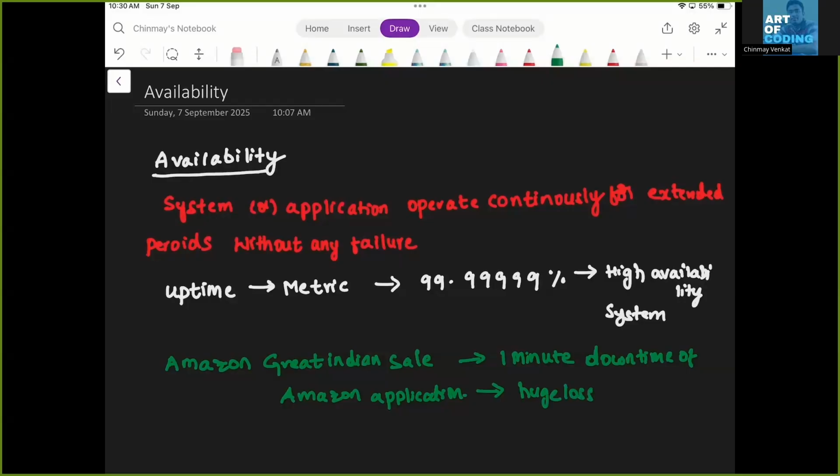So that's why the availability metric always plays an important key role while we maintain applications in production.